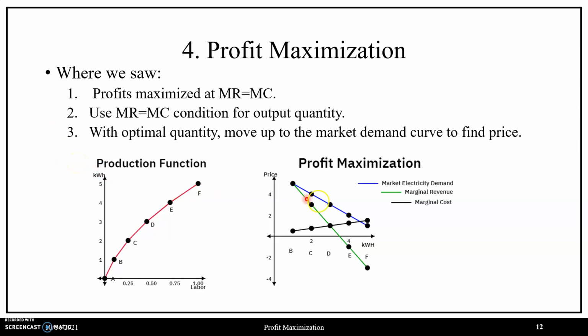Here we have our profit maximizing process as well as our production function, where we said that our profit maximizing bundle was at point D, in which there are 3 units of output, which corresponds to using 45% of our labor force, so that's where it is on the production function. Producing 3 units of output at 45% of our labor force is when marginal revenue is equal to marginal cost. We then use this output level to move up to the market demand curve and figure out a price point, which in this case is also $3.